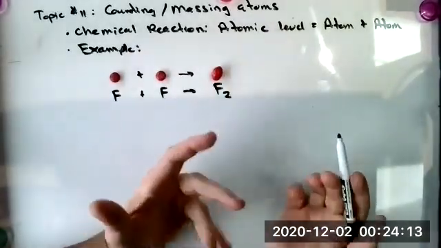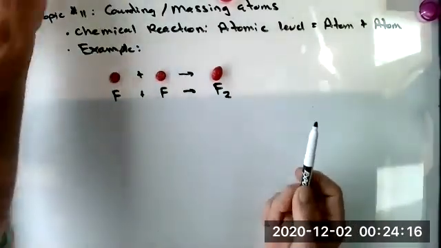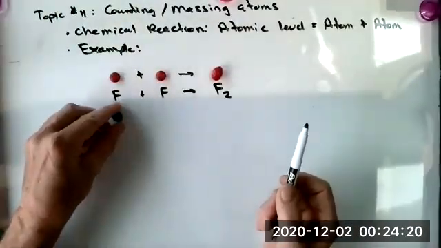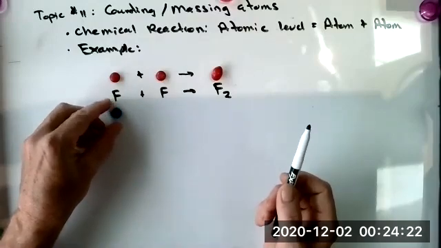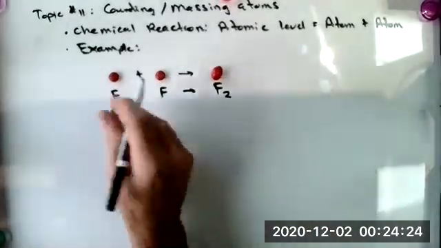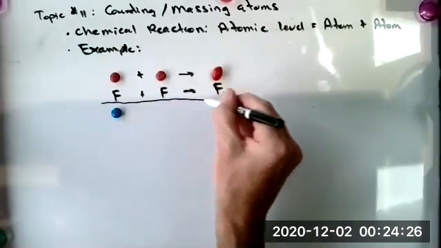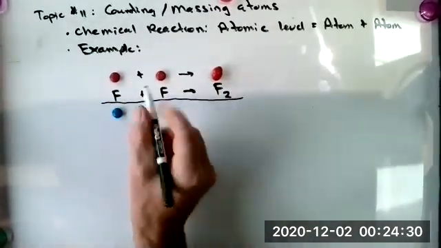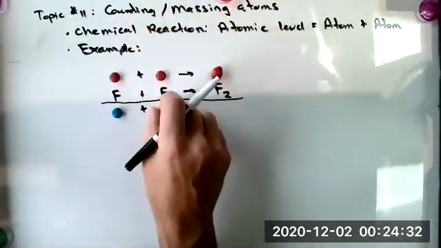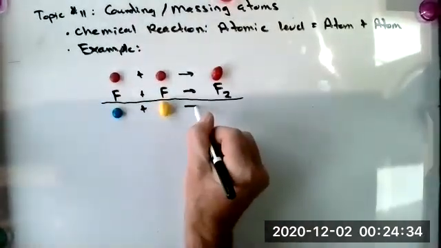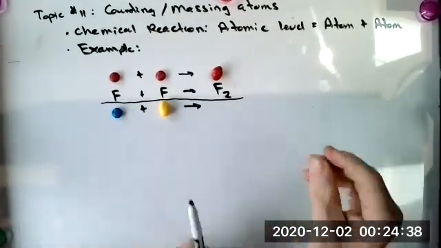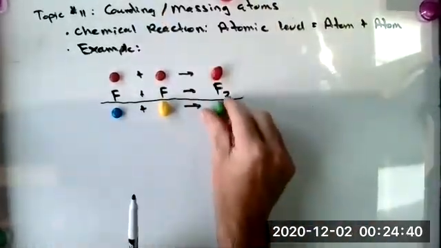Okay, we could also have the same situation where I have two different atoms coming together. So I could have this blue M&M. Let me draw this line here. So now I take this atom and I add it to a different atom. And what I'm going to get is those two combined together.